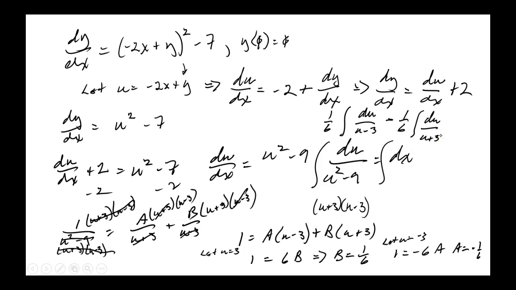What I did, this thing was du over this thing, and that integral becomes b over u minus 3 plus a over u plus 3. So that's how I rewrote that big integral.